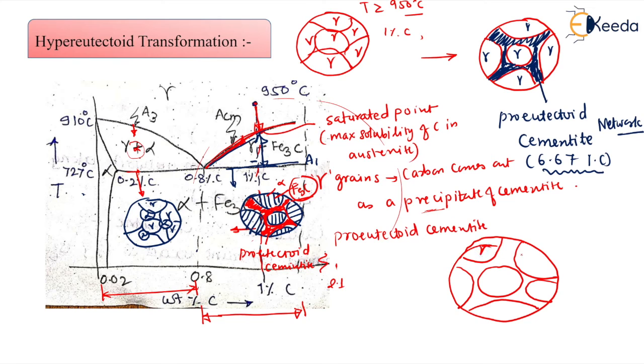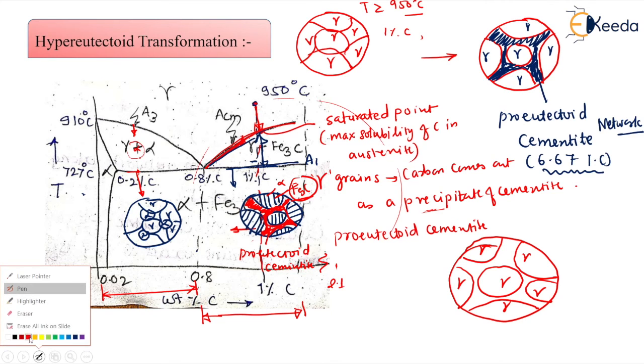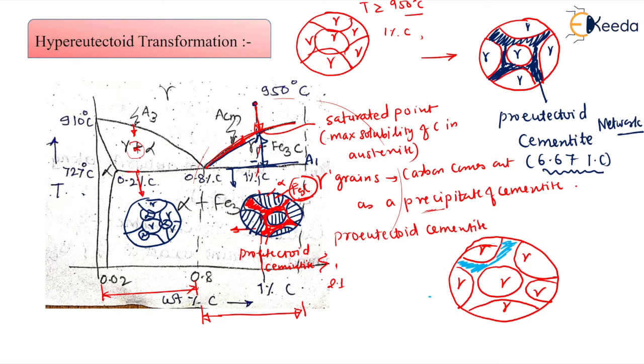Okay, these are the gamma grains, and along the grain boundaries of gamma, the precipitation of what? The precipitation of cementite network. This will be the cementite, which will be known as the proeutectoid cementite, because it is the cementite formed before the eutectoid in the microstructure, that is why the name is proeutectoid.